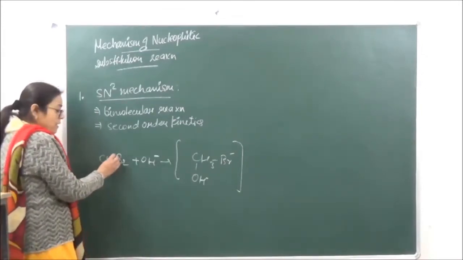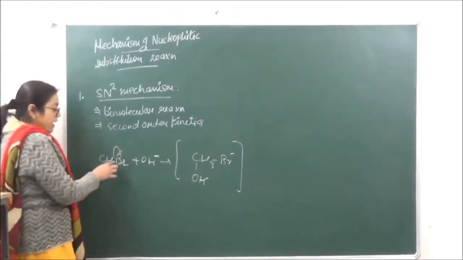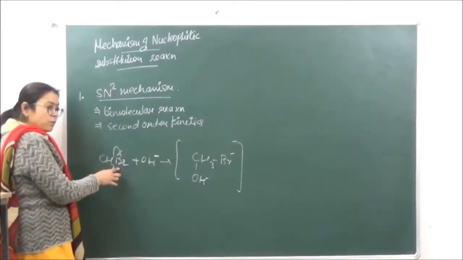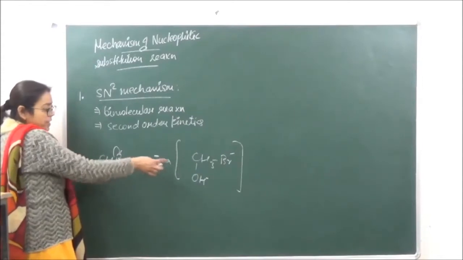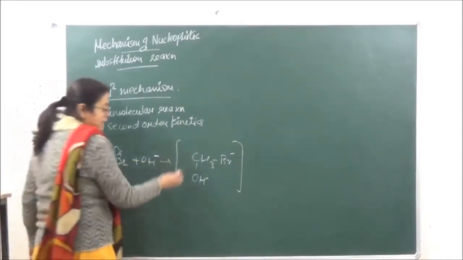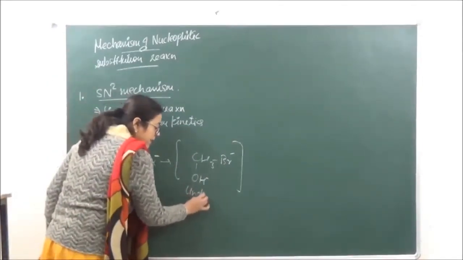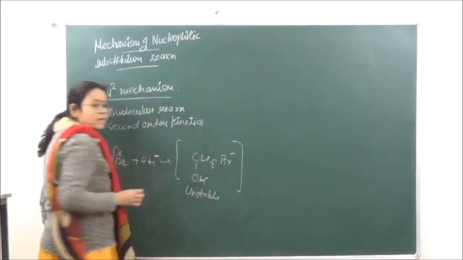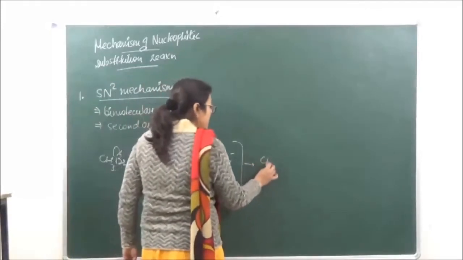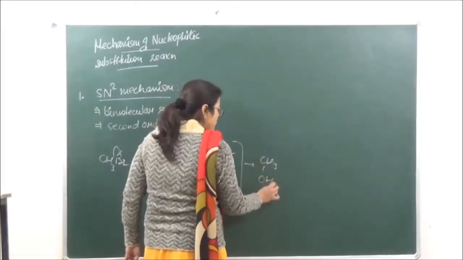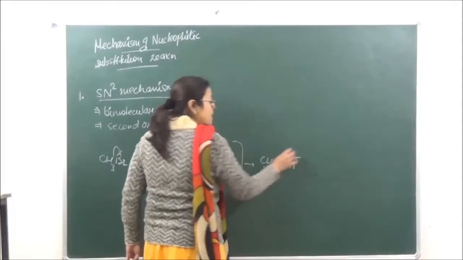So the lone pair of electrons, they will, or the shared pair of electrons, they will shift towards bromine. जब वो इसकी तरफ को शिफ्ट हो रहे हैं और ये जो OH नेगेटिव है ये भी साइमल्टेनियसली अटैक कर रहा है, we are going to get an intermediate which is going to be unstable. ठीक है? Now this intermediate will immediately break into CH3OH plus Br negative.